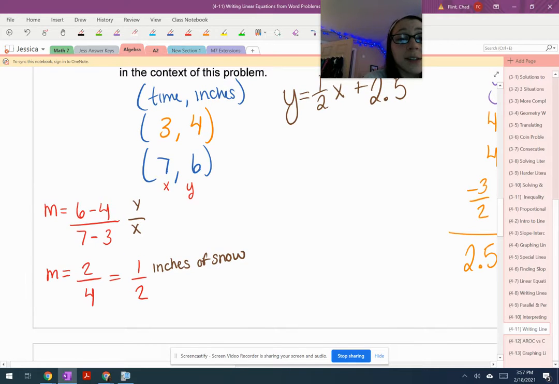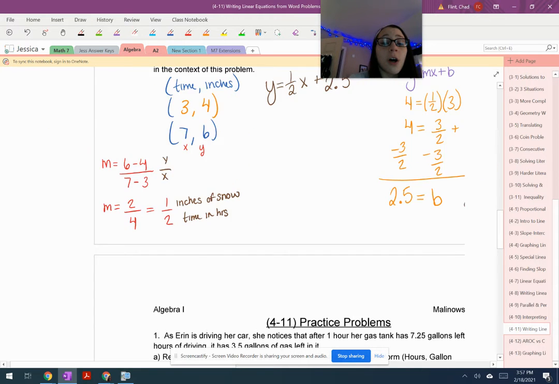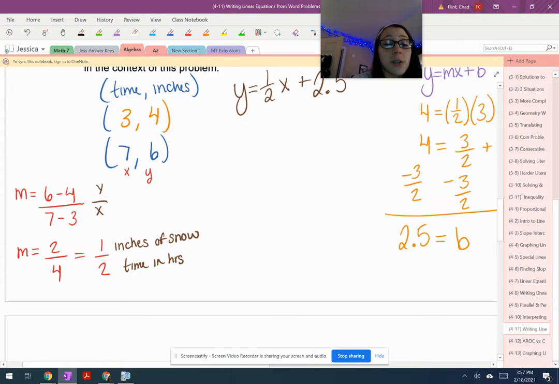And the x is talking about time in hours. So if I put that together into a sentence, my slope is telling me that there is 1 inch of snow for every 2 hours.